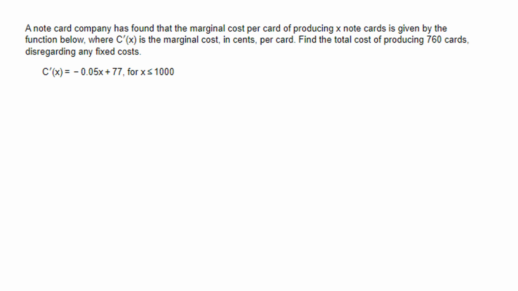Okay, so this is just exactly the same thing that we've been doing. We know that X is our note cards. We're going to be looking at the 760. We know our starting point is going to be for 0 cards. So we'll plug that in first. And that will give us 77, resulting in the ordered pair 0, 77.